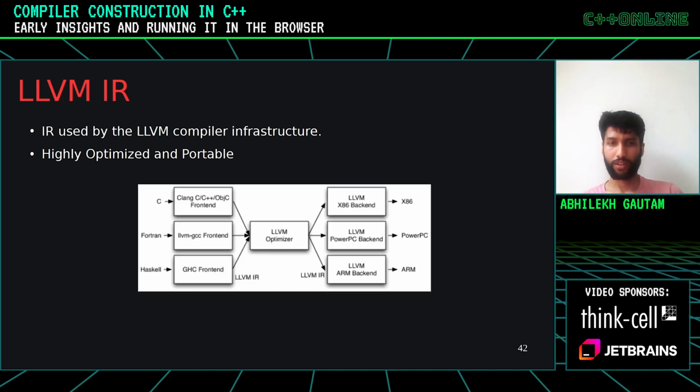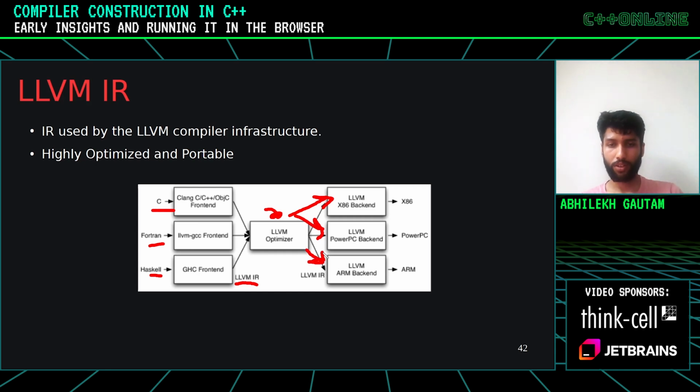The main advantage of LLVM IR is, let's say we have a compiler for C, a compiler for Fortran, and a compiler for Haskell, and if the front end part of the compiler generates LLVM IR, we can use a single LLVM optimizer and generate the target code for different architectures without much of a hassle, right?